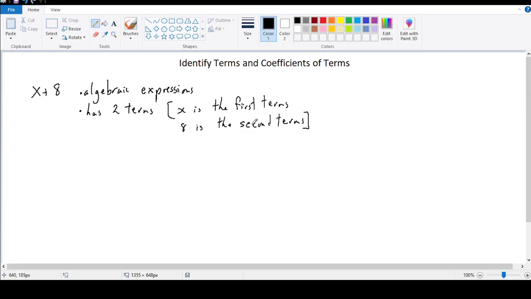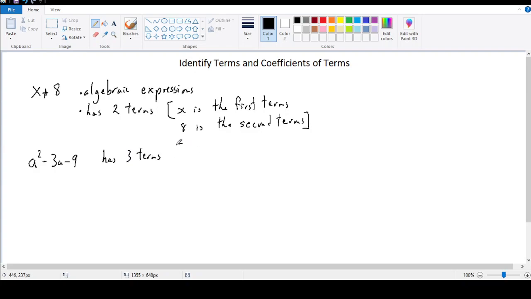Since subtraction can be written as addition of the opposite, the expression, for example, a squared minus 3a minus 9 has three terms.